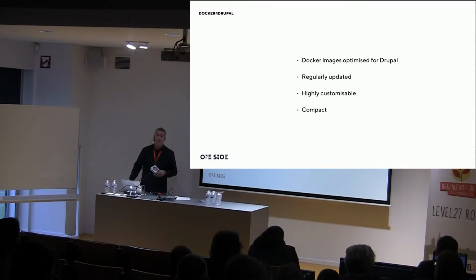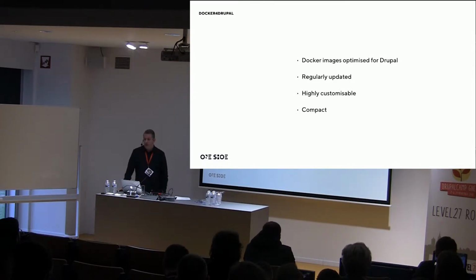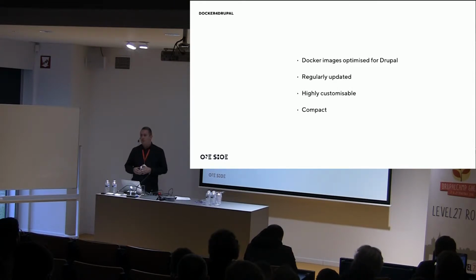They are regularly updated. Every month there are usually 1 to maybe 3 updates for the whole platform. It's highly customizable. That comes with an up and a down. The upside is that you can really optimize it to your needs, but you have to know what you're doing.